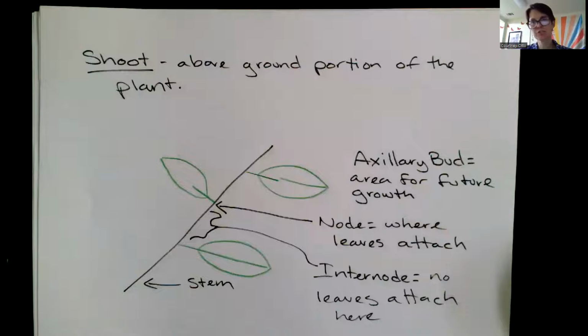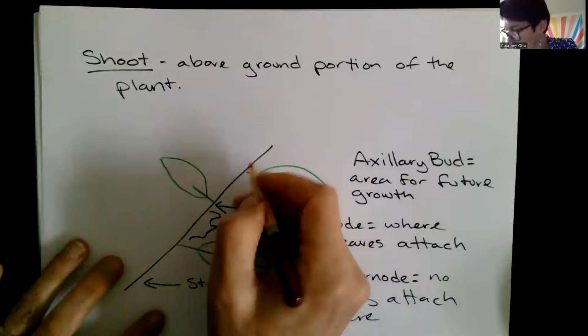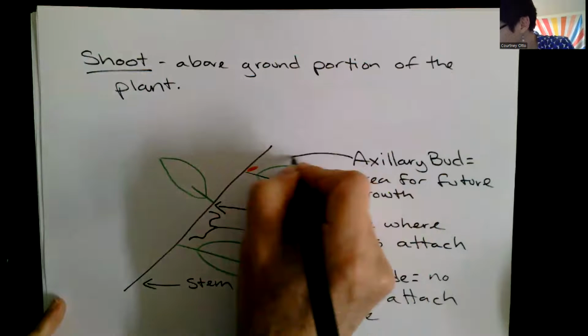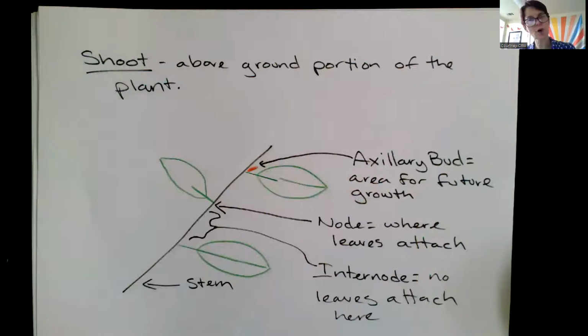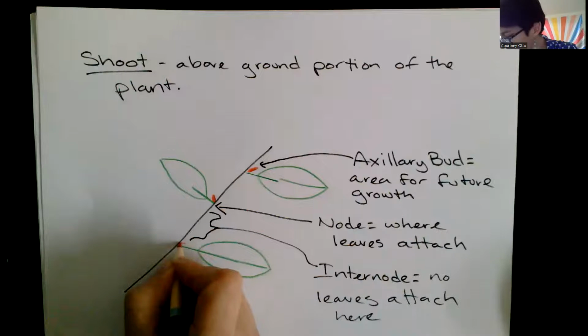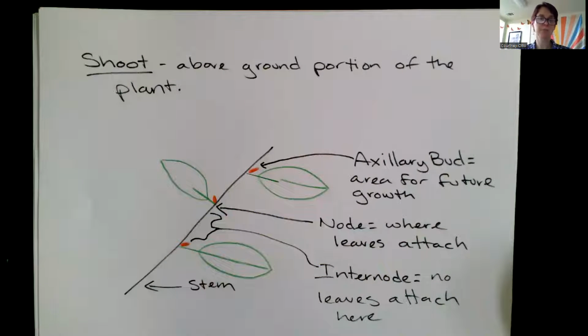How the shoot system elongates, how nodes and internodes and sections of the stem get produced. But those axillary buds are going to be areas where that stem system is going to elongate. So I'm just going to add a little axillary bud there in red, right in that angle. And I'm going to do that with all my leaves. Because all of our leaves are going to have axillary buds or what those axillary buds grew into.